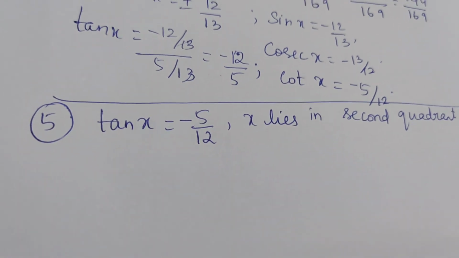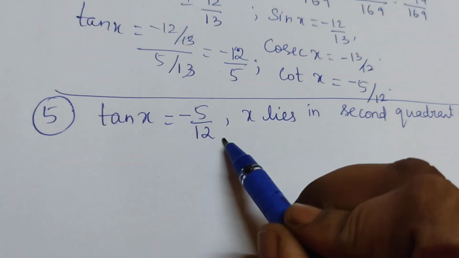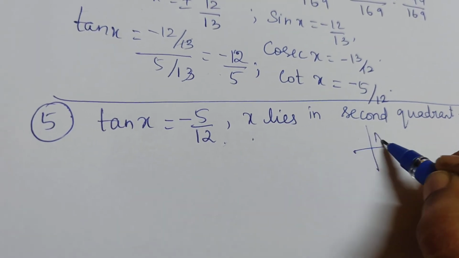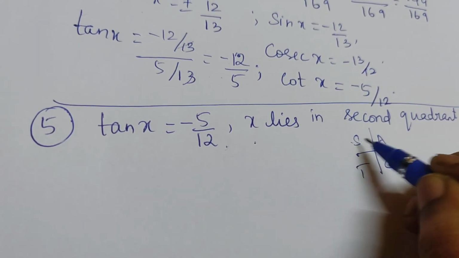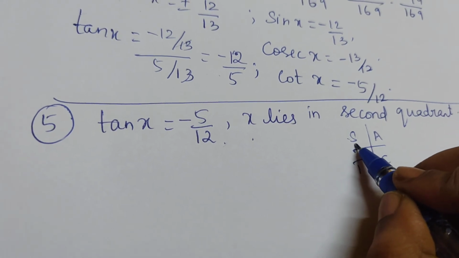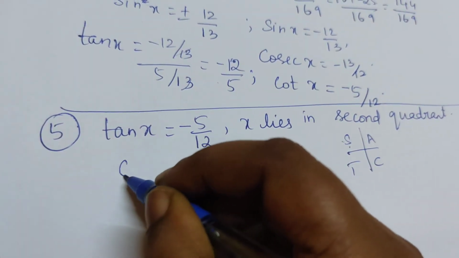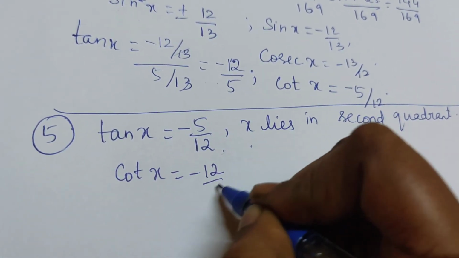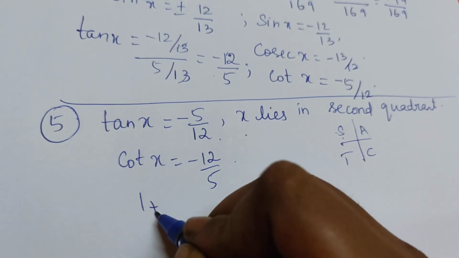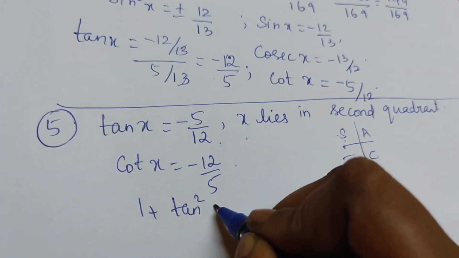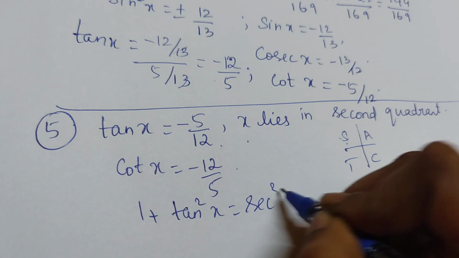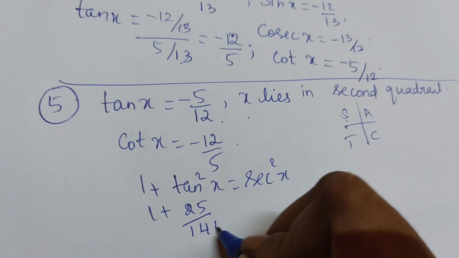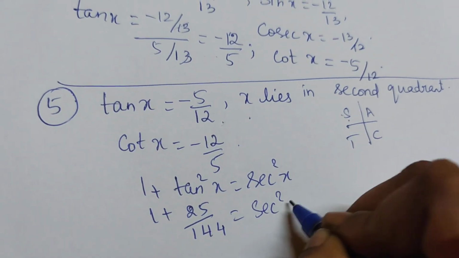Now in problem number 5, we got tan x as minus 5 by 12, where x is from the second quadrant. In the second quadrant, according to the phrase "All Silver Teacups", sin and its inverse alone are positive and the rest are negative. So the reciprocal of tan will be cot x, that is minus 12 by 5. And we know the relation 1 plus tan square x is equal to secant square x. So 1 plus 25 by 144 is equal to secant square x.